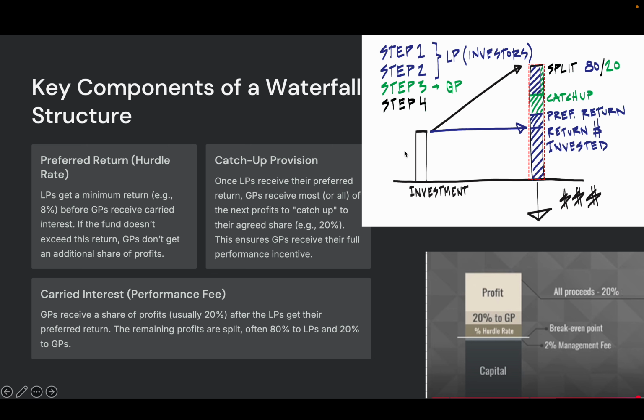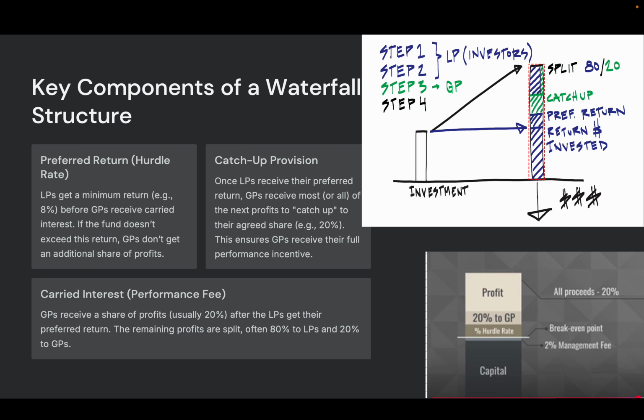So after giving the return on investment and preferred return to the LP, the catch-up part, highlighted in green, is given to the GP according to the provision decided in the agreement between the fund and the firm. On this basis the catch-up goes to the GP. Then whatever profit remains is divided in the 80-20 split ratio.